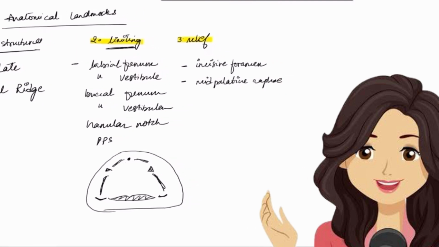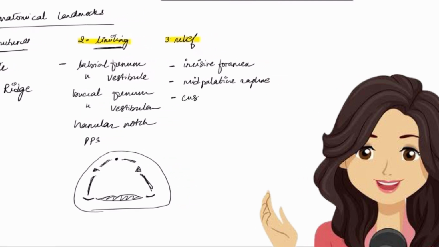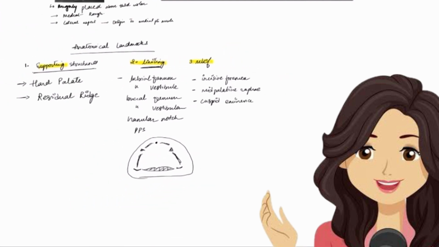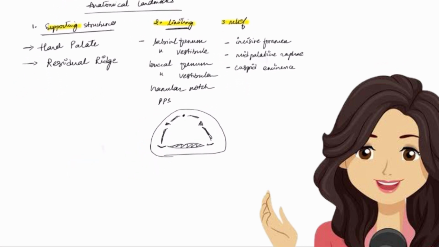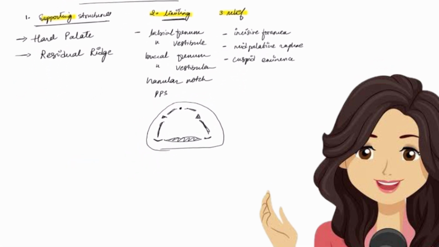These would make up your relief areas, and you have your cuspid eminence, which is a bony eminence around the canine, which should be relieved from the denture, right? So these are grossly all the structures divided into 3 headings: supporting structures, limiting structures, and relief areas.